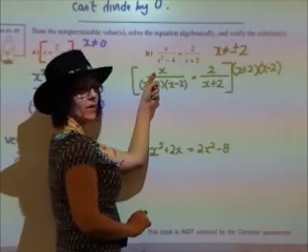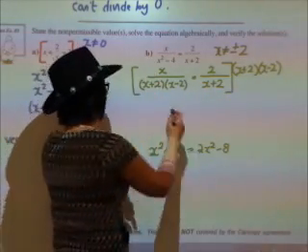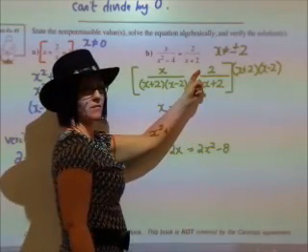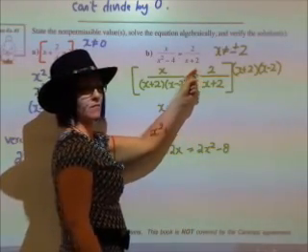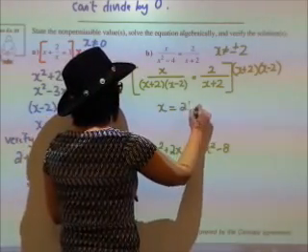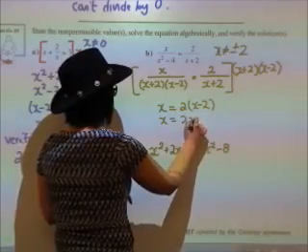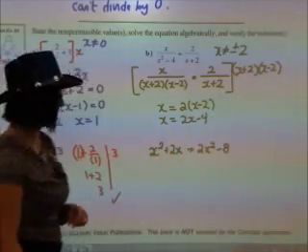So what will I be left with here? X. And what will I be left with on the other side? 2 times x minus 2, which would give me x equals 2x minus 4.